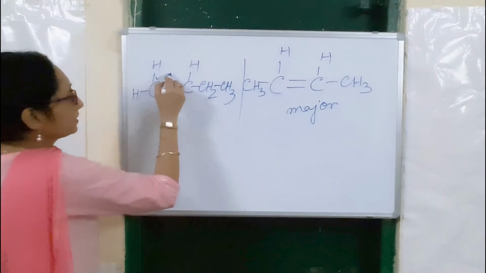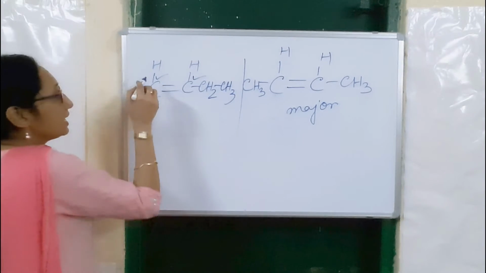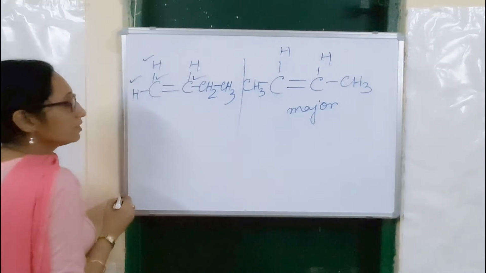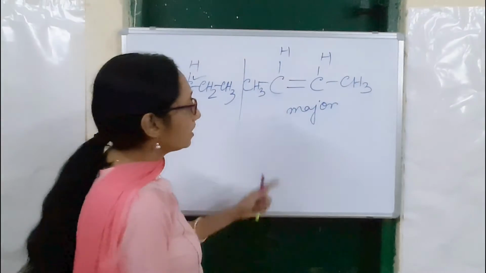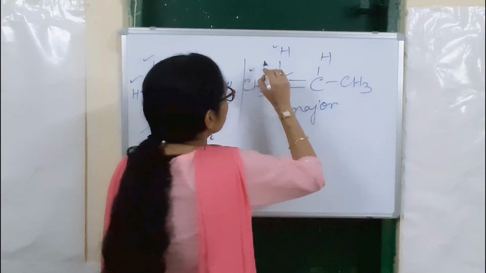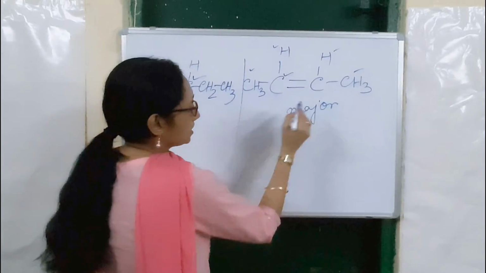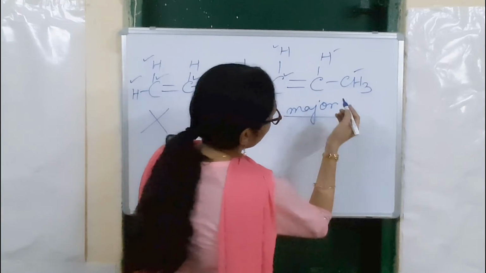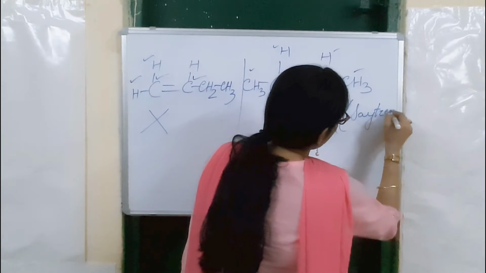See this, check this carbon. This carbon which is attached to the double bond is attached to similar groups. So geometrical isomerism is not possible here. But see but-2-ene, this carbon, these 2 groups are different and in this carbon, these 2 groups are different. So this but-2-ene, which is our major product, this is our Saytzeff product.